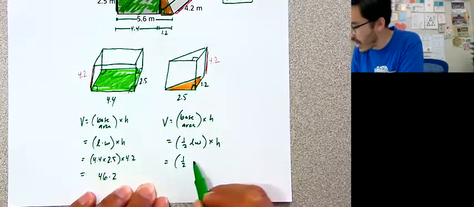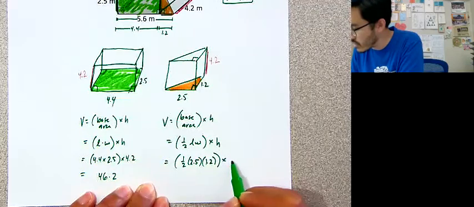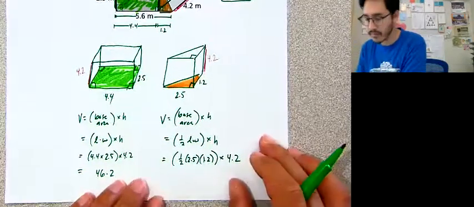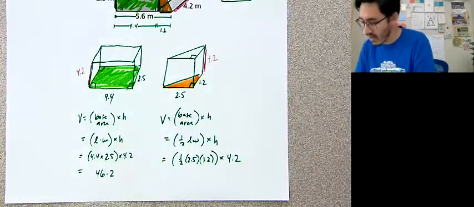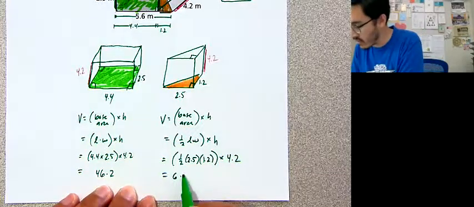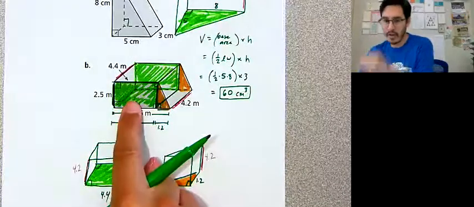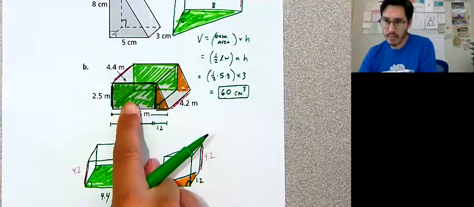So that's going to be 1/2 times 2.5 times 1.2 times 4.2. Okay, we get 6.3.